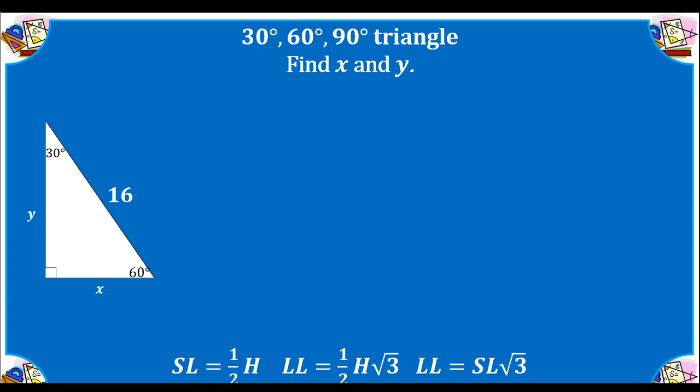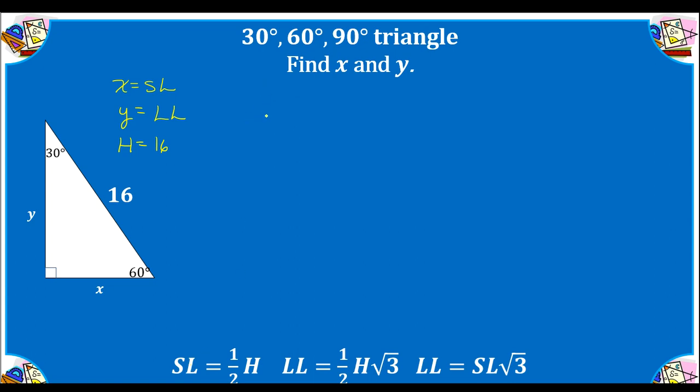So we have a 30, 60, 90. Let's identify, we're going to find x and y. So x is going to be our short leg, and y is our long leg, and then our hypotenuse is 16. So you can start wherever, depending on what you have. So let's just find the short leg.